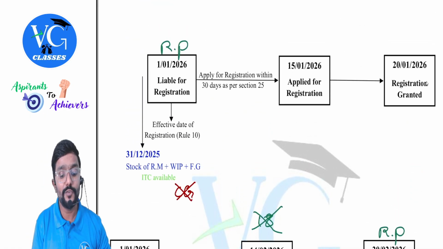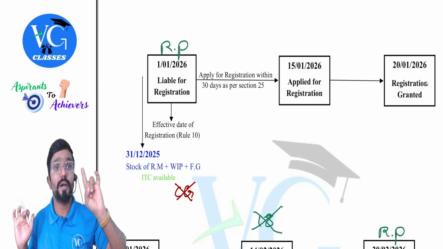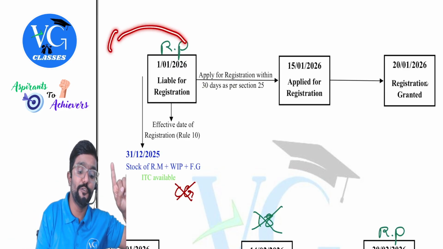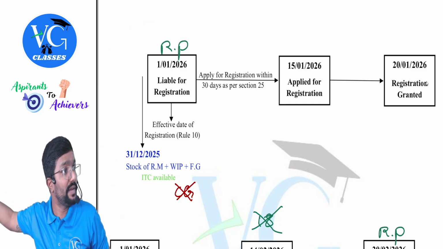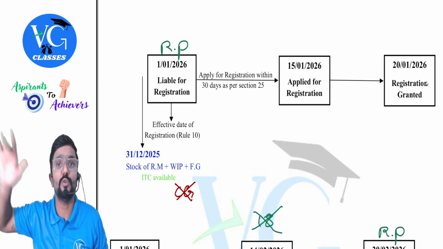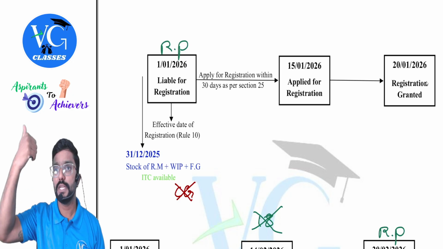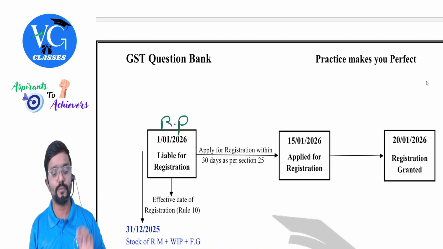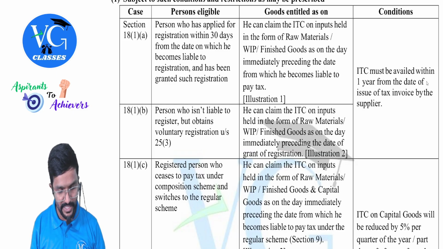After this date, can I claim the credit? Yes, for that credit is available. But whatever capital goods I have purchased before this, even though I will continue to use it after 1st January, still they're telling, sorry, no credit. No credit, people. Is that clear? Yes. We have illustrations for both of these, guys. We will see illustration 1 and 2. Come to the illustration which I have given below.